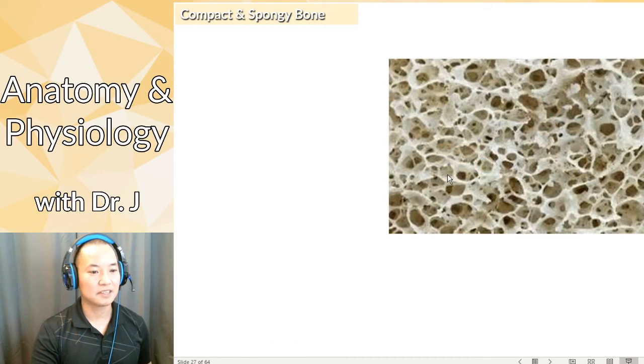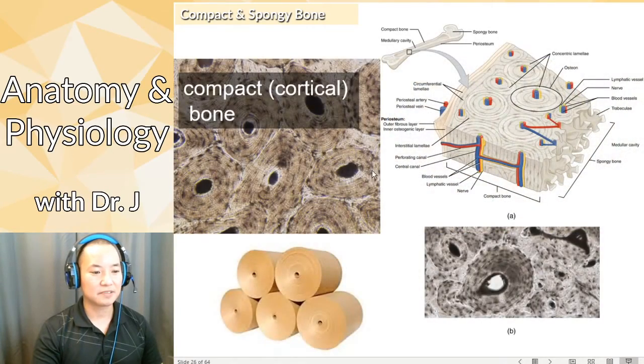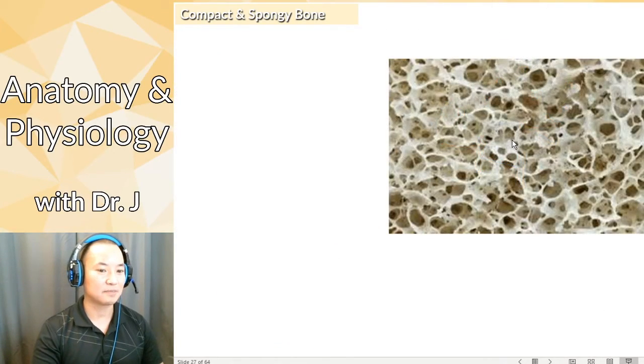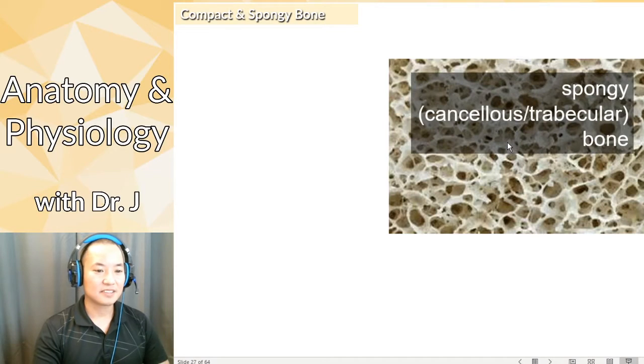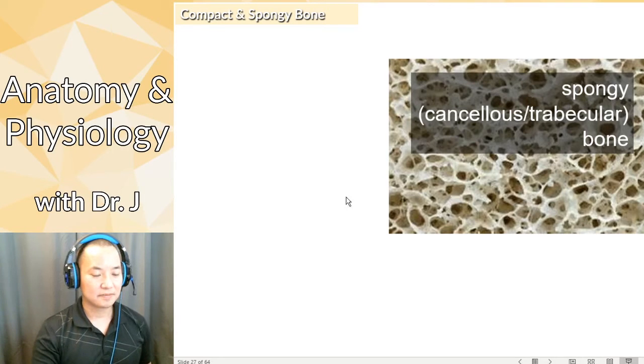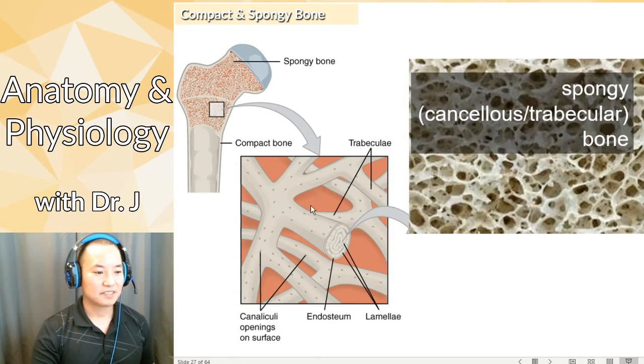Now, spongy bone, compared to that previous example, notice that you have a lot more of these air pockets. So this is also called cancellous bone or sometimes trabecular bone. These little spikes or little bridges, these are called trabeculae. So compared to compact bone forming those osteons, these are forming more networks, and you see a lot more of these spaces between these areas of bone right here.